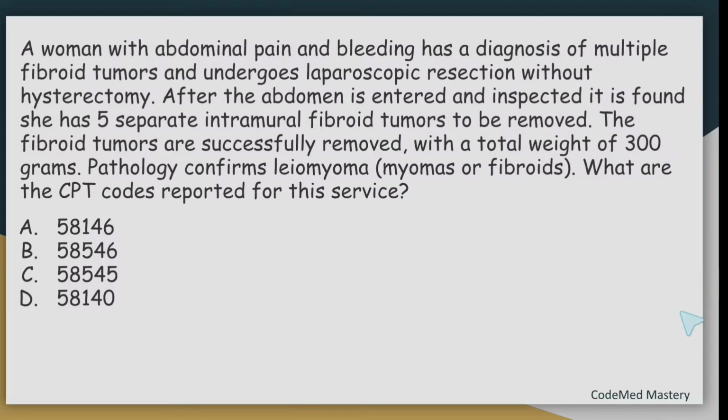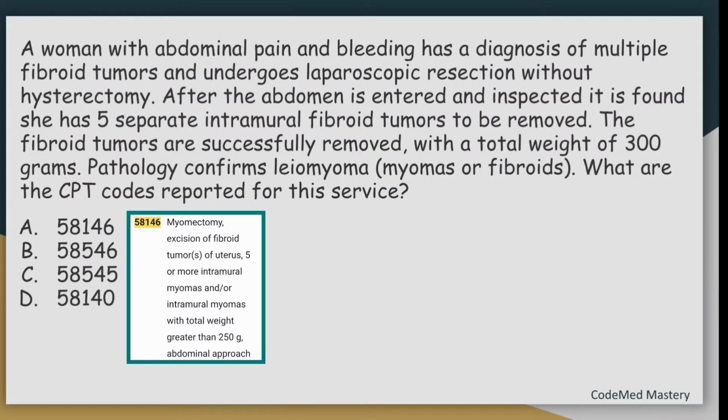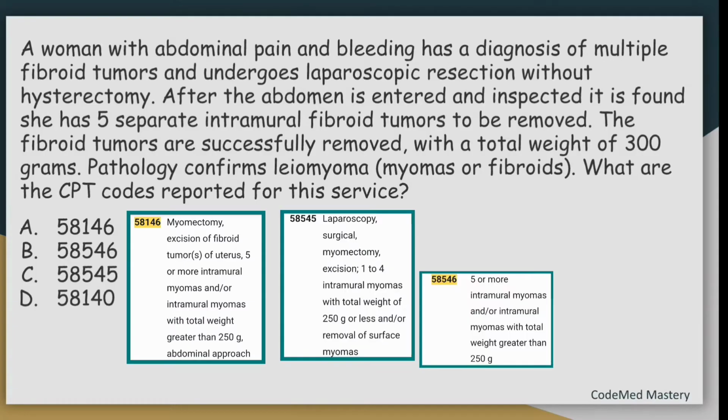Check option A, 58146. 58146 is for myomectomy, excision of fibroid tumors of uterus, 5 or more intramural myomas or intramural myomas with total weight greater than 250 gram, abdominal approach. Check option B, 58546, which is for laparoscopy surgical myomectomy excision, 5 or more intramural myomas or intramural myomas with total weight greater than 250 gram.